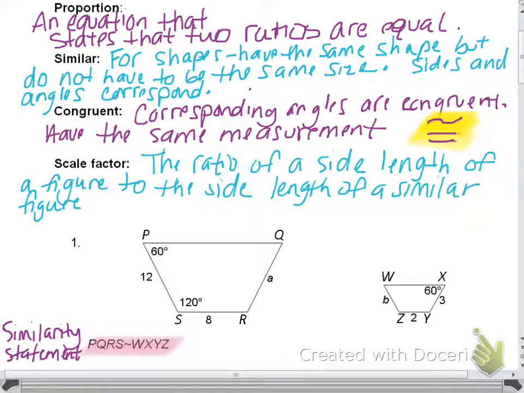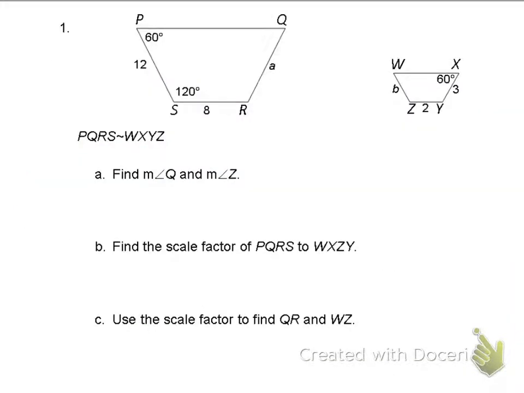These two shapes are similar. They have the same shape and they have corresponding sides and angles. We write corresponding angles which are congruent. So corresponding angles are congruent. That means they have the same measure. We're going to write this as, actually I'm going to move on to the next page for this.